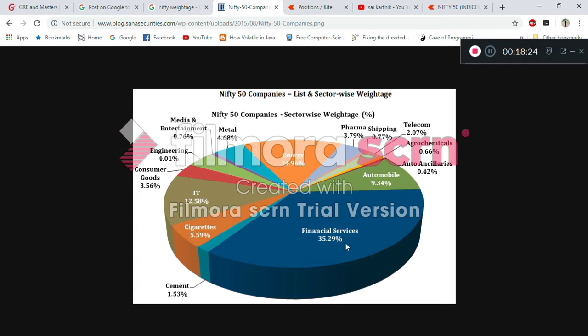So these three themselves contribute a huge amount to the weightage in financial services. There are also public sector banks, which are under financial services, but they don't contribute much to the weightage. That means even if a public sector bank moves up by 10%, it won't affect the Nifty much.